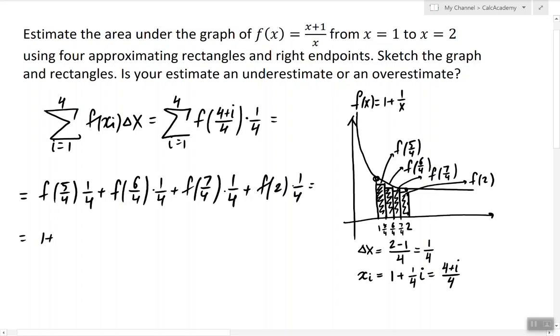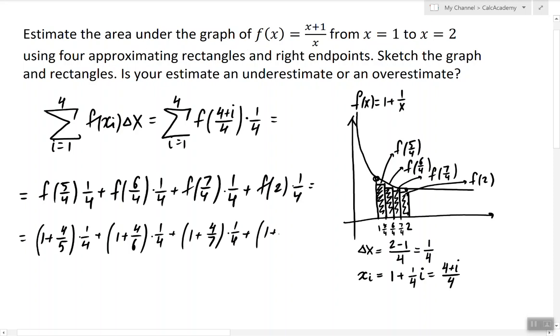So it's (1 + 4/5) times 1/4, plus (1 + 4/6) times 1/4, plus (1 + 4/7) times 1/4, plus (1 + 1/2) times 1/4. So we can factor out 1/4.